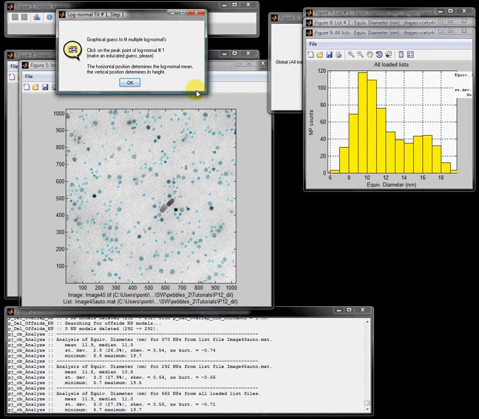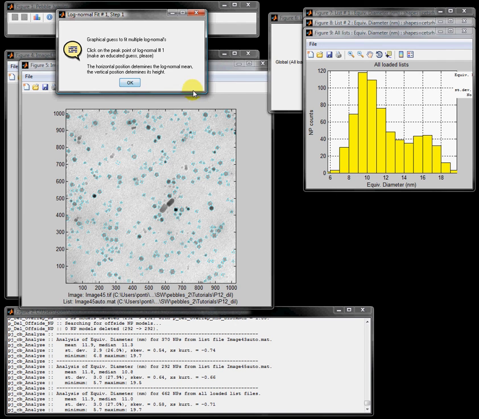Here appears a help window, which as usual I invite you to read before proceeding. Now we have to input graphically guess parameters for the fitting of the log normal distributions to our multimodal distribution.